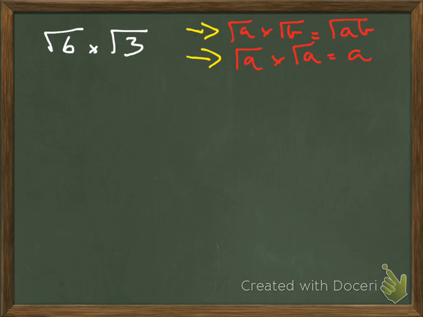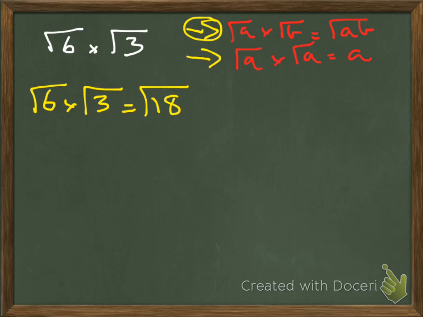If I use this one first, that would mean that root 6 times root 3 equals, well, 3 times 6 is 18. I can then go through the prime factorization way of doing this. 18 is 2 and 9. Does 2 go into 9?